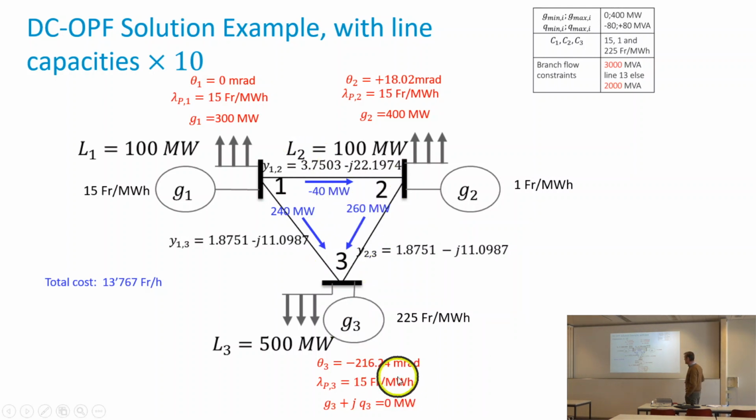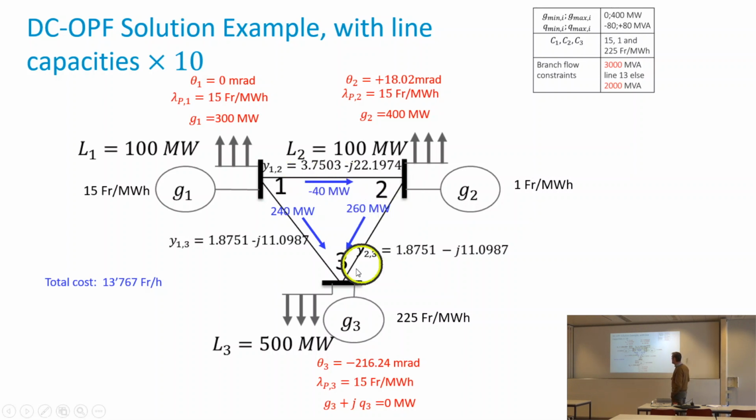Now we see that we don't generate anything here. We see G3 is equal to 0. I put a JQ, but there is no Q. Q is always equal to 0. And they are again very similar to what we had obtained with a full AC power flow.